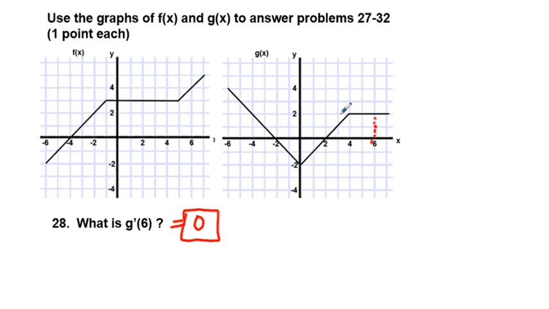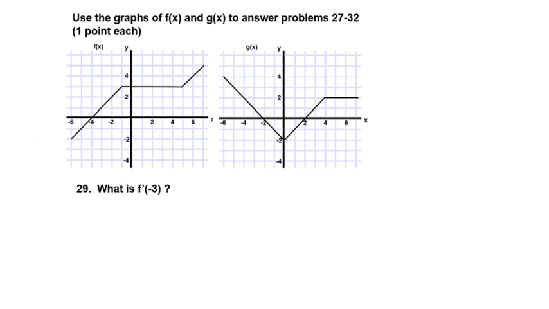For this segment of the piecewise function, for x greater than or equal to 4, we would have g of x equal to 2. Well, if we take g prime of x, what is the derivative of 2? 0. So just taking the derivative, we can convert this to an equation. That might be easier for some people to see.